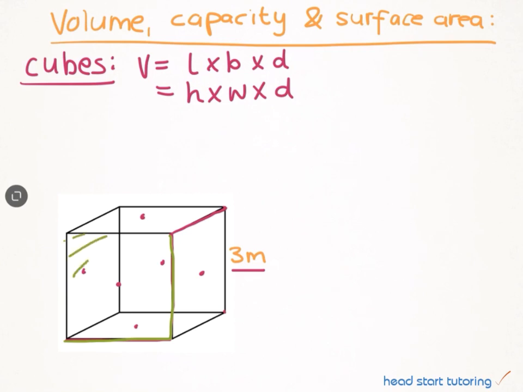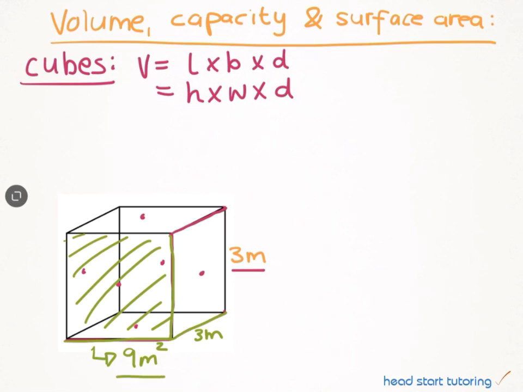So this face over here, this face at the front, if we are told that that is equal to 3 by 3, which we know is equal to 9 meters squared, then all we need to do is multiply our area by the depth, which we know is also 3 meters. So we would multiply our area, which is 9 meters squared, by our depth, which is 3 meters, or 3 meters to the power of 1, and we would end up with an answer of 27 meters cubed.